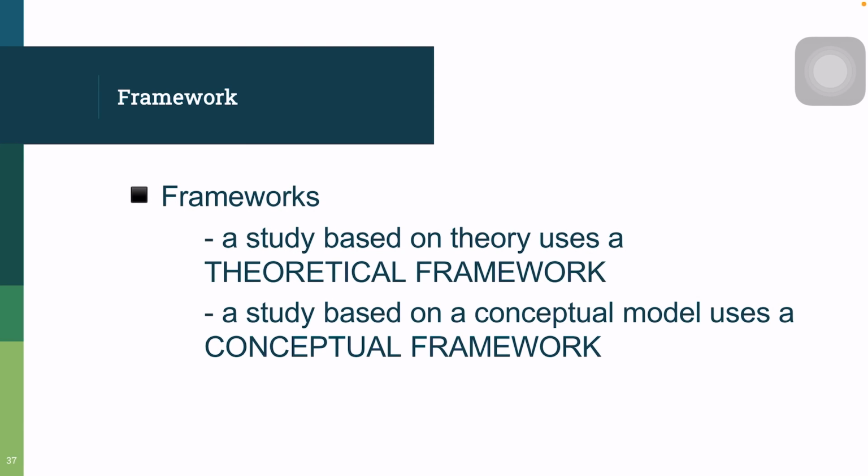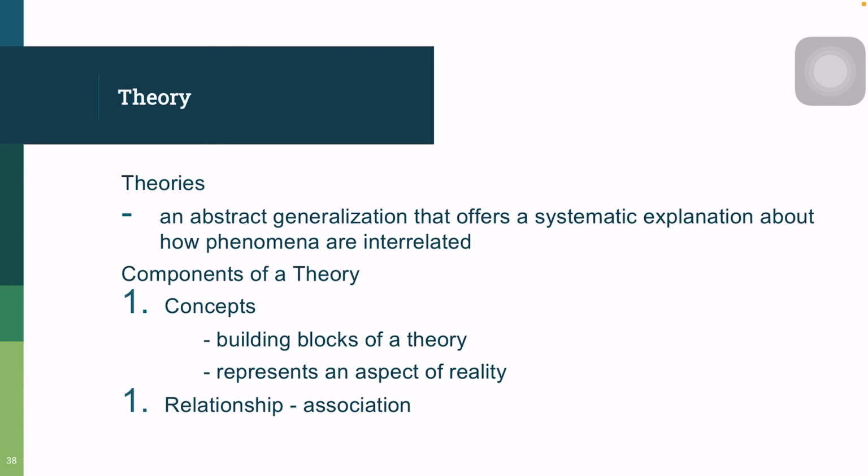Now, frameworks are usually based on a theory. We refer to them as your theoretical framework. And if a study is based on a conceptual model, we use the term conceptual framework. Theories are abstract generalizations that offer a systematic explanation about how phenomena are interrelated.